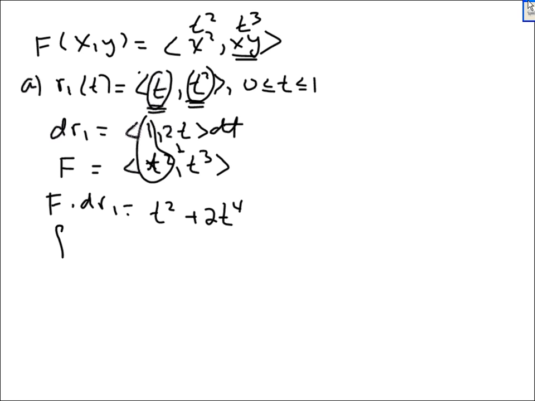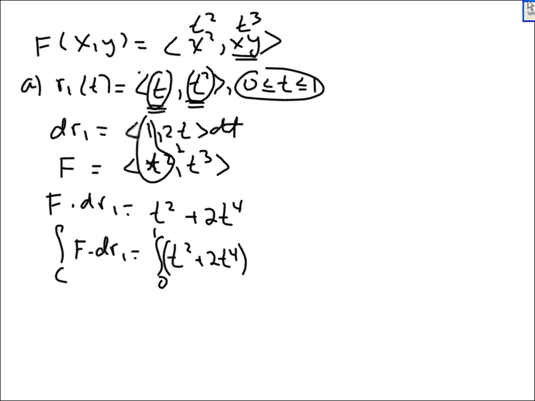This is exactly what we want to integrate. We want to integrate f dot dr1, t squared plus 2t to the fourth, as t goes between 0 and 1.